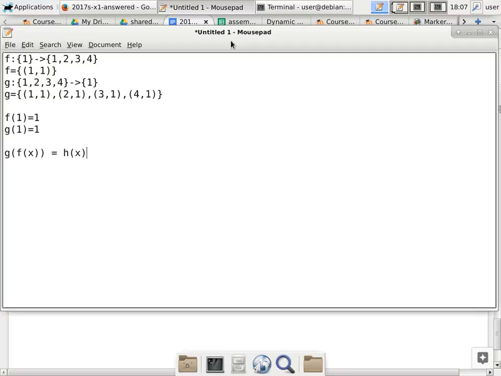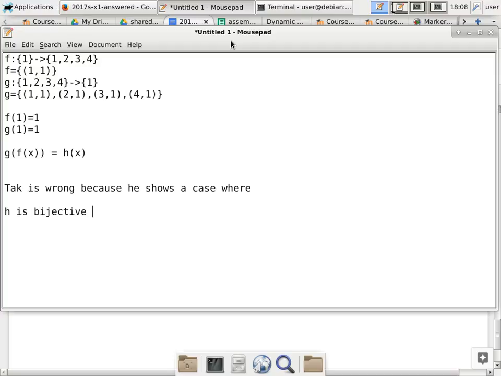It can be, correct. But what I'm trying to get to is one direction of what I'm asking you to prove is not true. Because in this case, he shows a case where h is bijective.